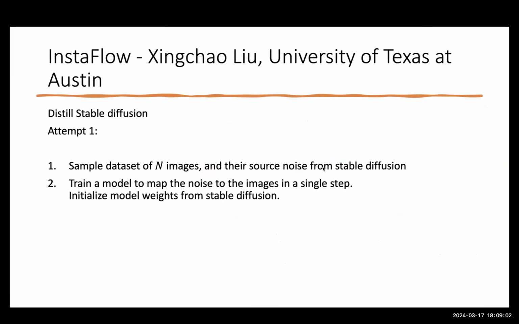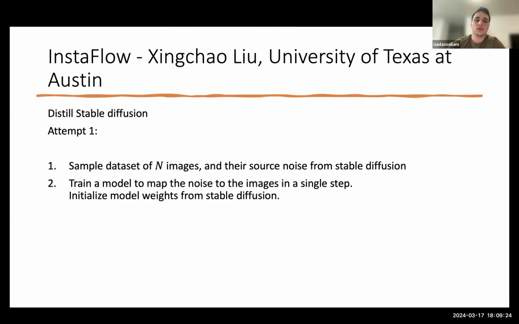Yes, yes. Thank you. So InstaFlow is a paper by the same author from the University of Texas, Austin. What he wants to do is to distill stable diffusion. We're all familiar with the model of stable diffusion, and we want to find a model to sample the image distribution using a single step.